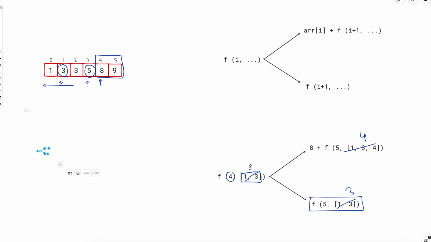So in other words, your state is now f of I comma what is the last element you have taken. So in this case the last element is 4, the last element is 3. So you can simply look here, understand that okay, 3 is the last element, so can I take 4?